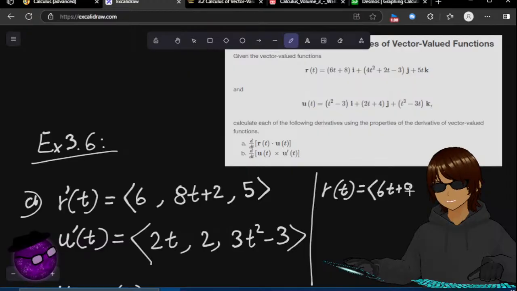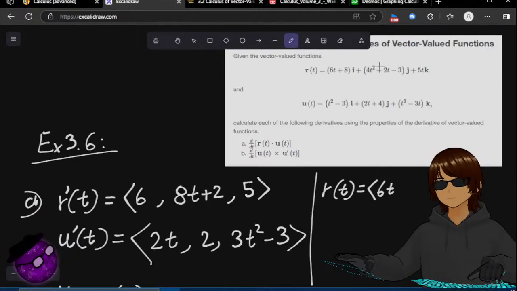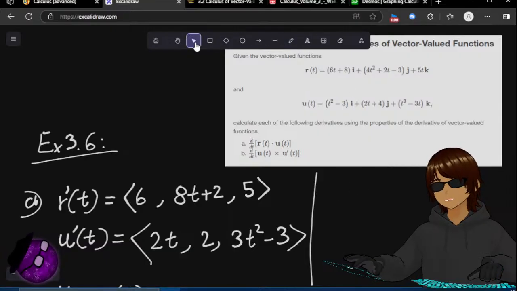Sixty plus 8, 4t squared plus 2. Never mind this. I'll just multiply it just like that. Or I can just bring the picture down.